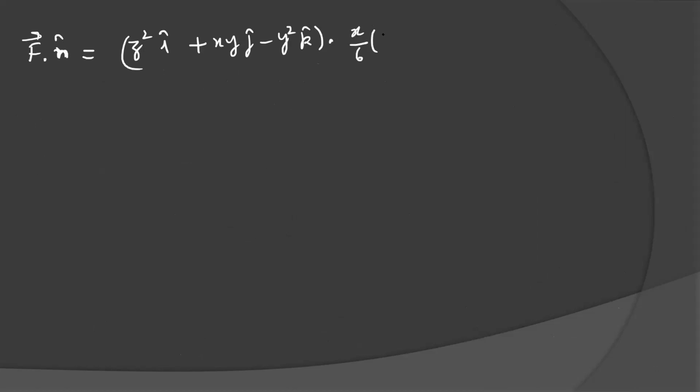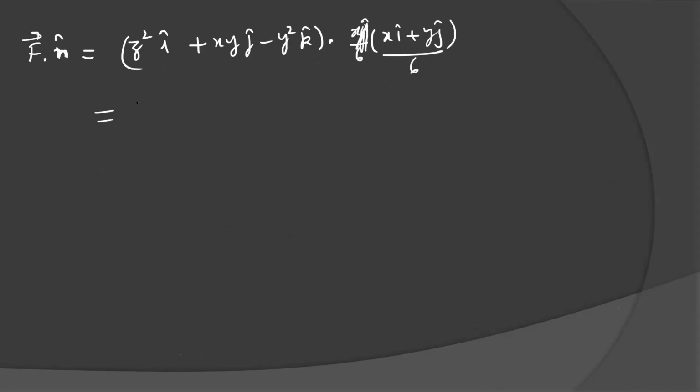Now I'm going to calculate F dot n cap. Always calculate this expression first. It will give you a little bit of an idea. What is F? z square i plus xyz minus y square k, dot x i plus y j over 6.